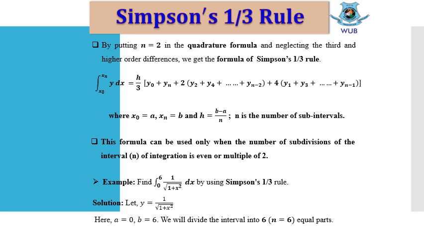Or we can simplify this equation as h by 3 into (y naught plus 4y1 plus 2y2 and so on), where x naught and xn values are already given in the equation, h equals (b minus a) by n, and n is the number of subintervals. The formula can be used only when the number of subdivisions of the interval of integration is even, or a multiple of 2.